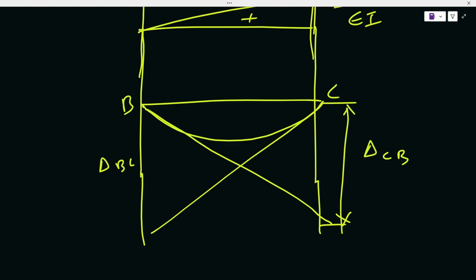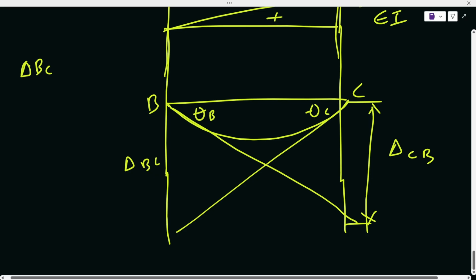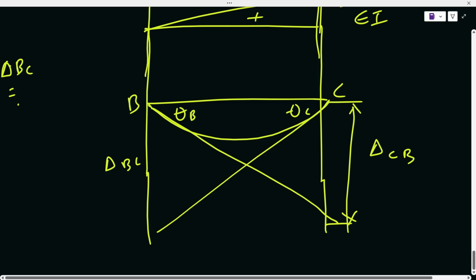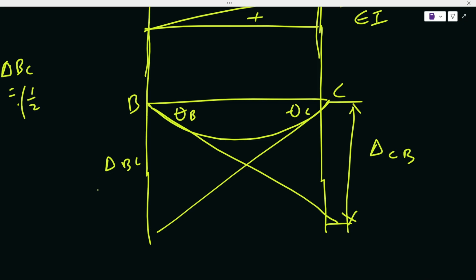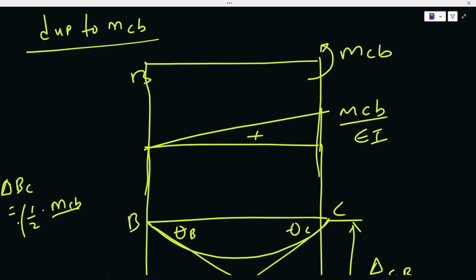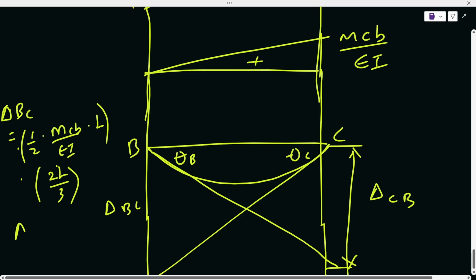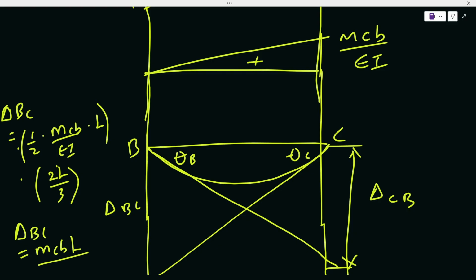You get, of course, the slope at B and the slope at C. Now, looking at this again, delta BC, which is basically the moment of area about B for the M over EI diagram, would be half times MCB over EI times L times the centroid. So delta BC is MCB L square over 3EI.